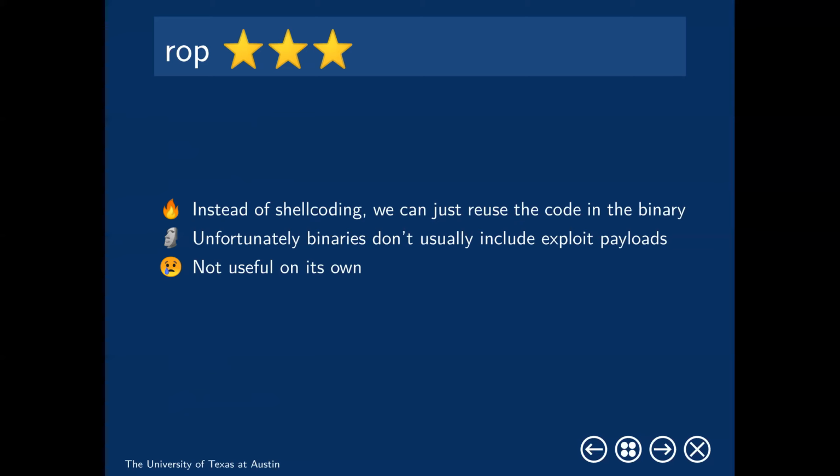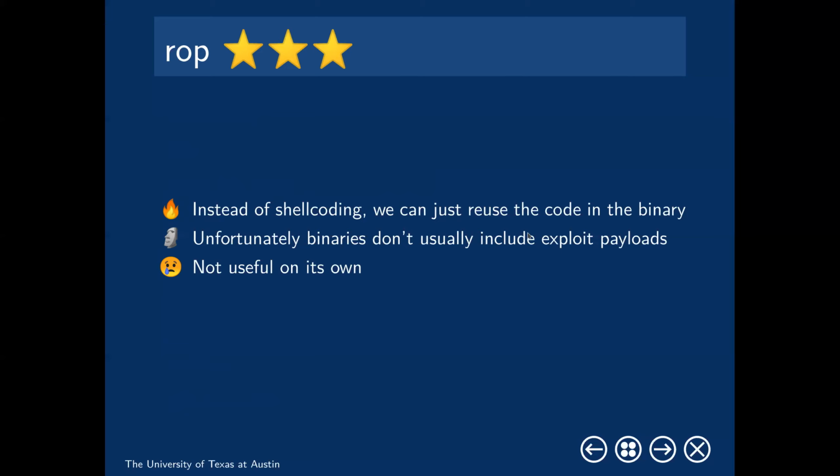Unfortunately, binaries usually don't include exploit payloads in their source code, so we have to be fairly creative with how we use ROP, and we usually don't use it just by itself. It's not a technique that we can use to exploit arbitrary programs.